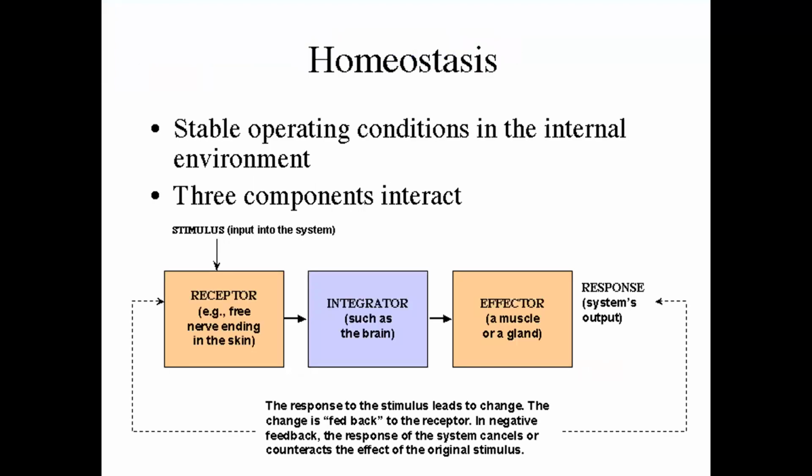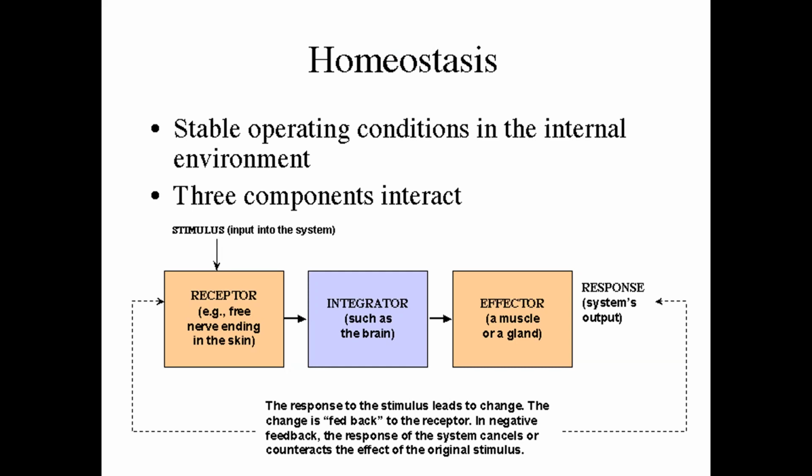Okay, so homeostasis again refers to what we'll call the stable operating conditions in this internal environment. Okay, there are three components that are constantly interacting together, right? When there is a stimulus, right, there's going to be a receptor, an integrator, and then the effector, which is going to help to mount the response.